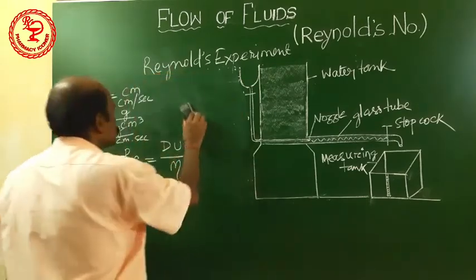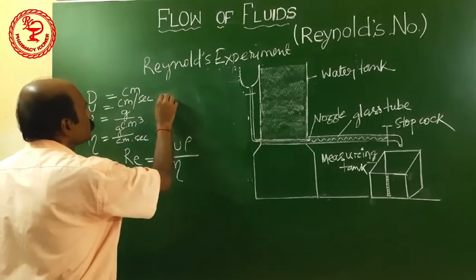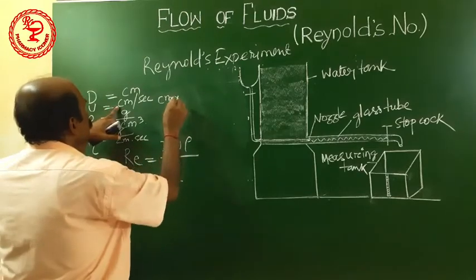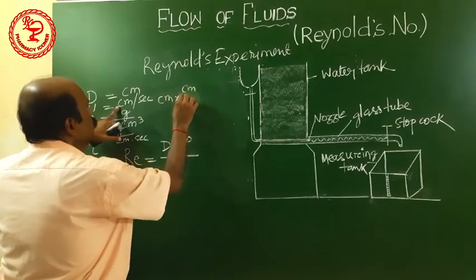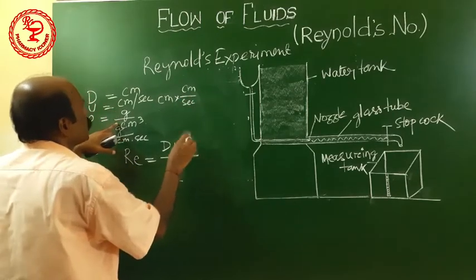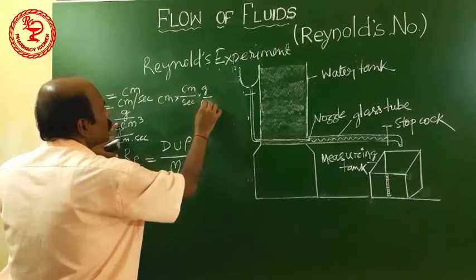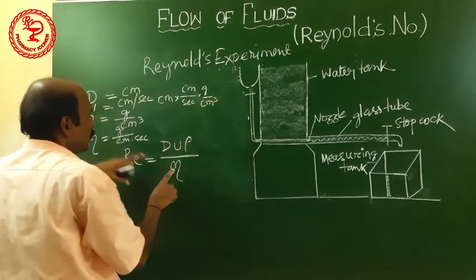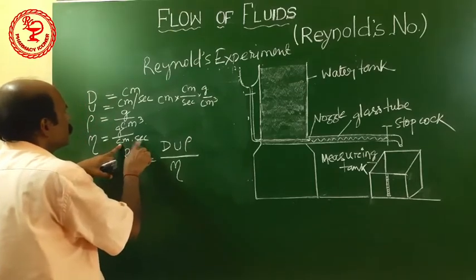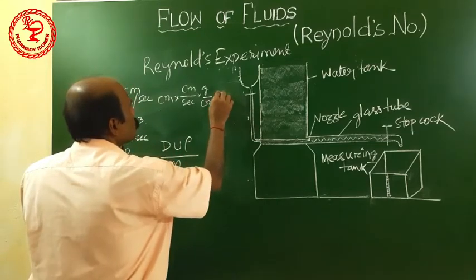Now you put all the dimensions like that. D in centimeter, U in centimeter per second, rho in grams per centimeter cube, divided by eta in grams per centimeter second.